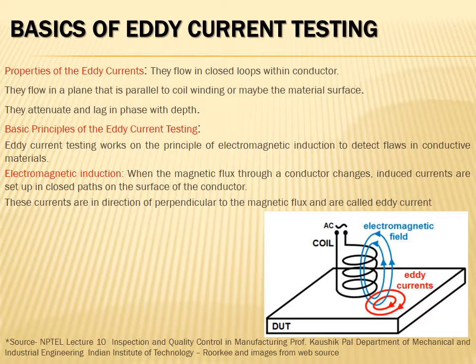How is it created? When magnetic flux through a conductor changes, induced currents are set up in closed paths on the surface of the conductor itself.